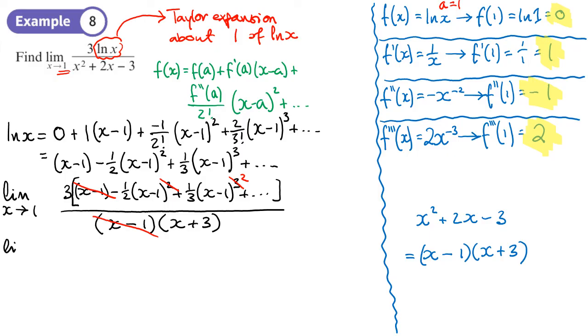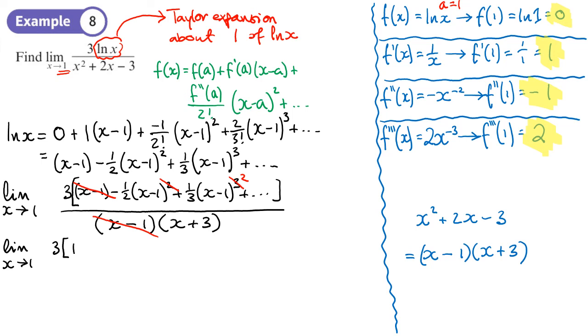So what are we left with? Now the limit as x tends to 1 of this. So it will be 3 times, oh no, sorry, it'll be a 1 there, won't there? It won't just disappear completely.